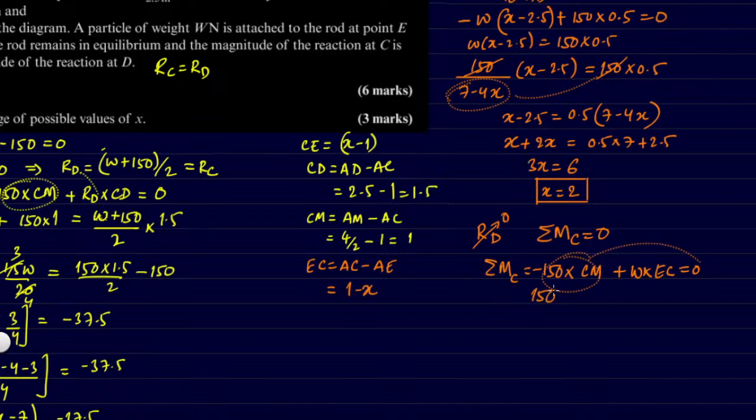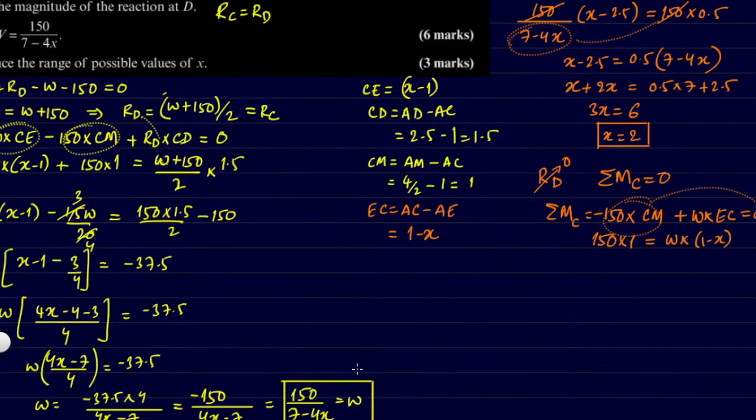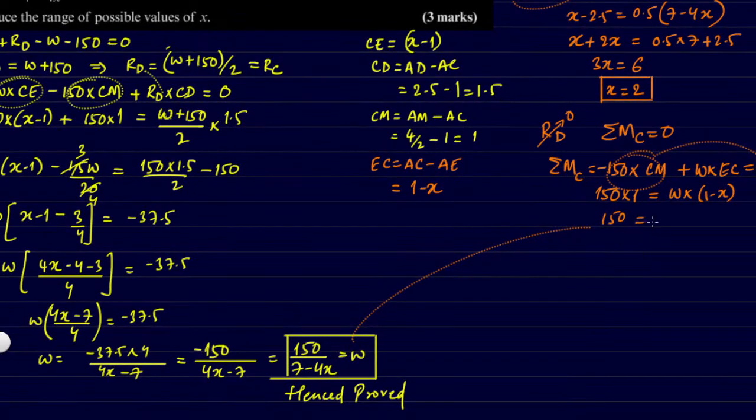So 150 into CM, CM is 1, equals W into EC. EC is 1 minus x. Now here again we have to substitute the value of W. What is the value of W? Substitute from here. So 150 equals, here W is 150 divided by 7 minus 4x, into 1 minus x.